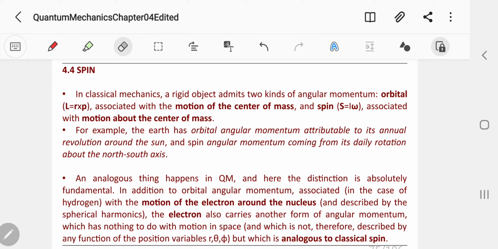So in classical mechanics, a rigid object admits two kinds of angular momentum: orbital momentum, associated with the motion of the center of mass, like the revolution of the planet, and spin, associated with the motion about the center of mass of the body.